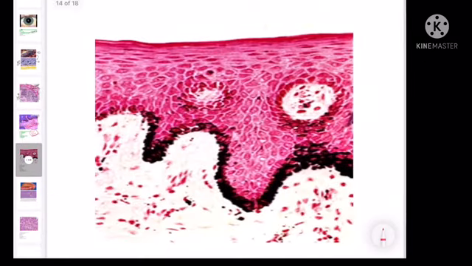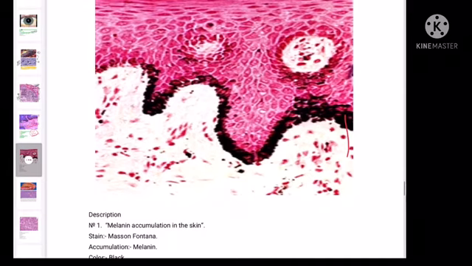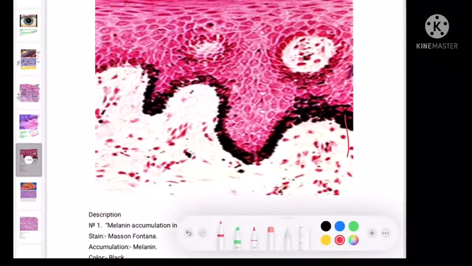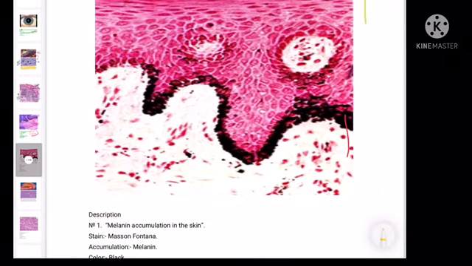Next one is again the same, but the staining is different. So this is the epidermis: stratum corneum, stratum granulosum, stratum spinosum, and stratum basale. At the basal layer, there are highly black depositions. So these are not brown.